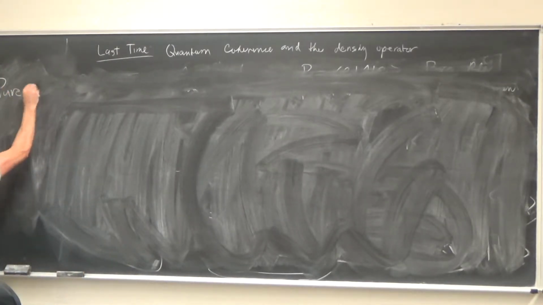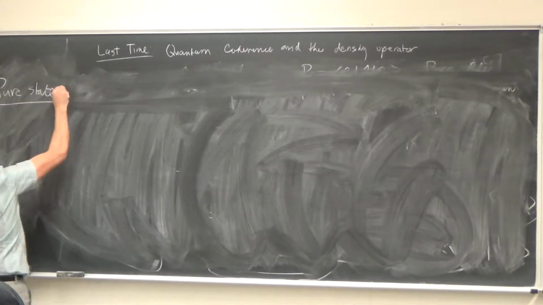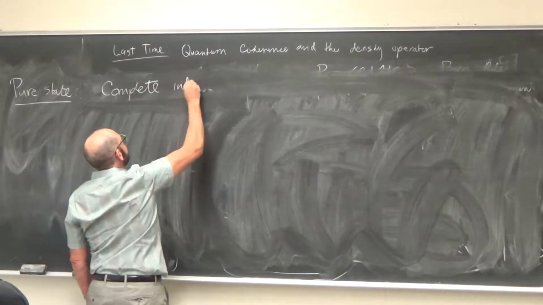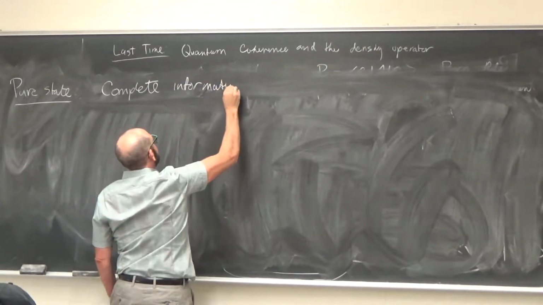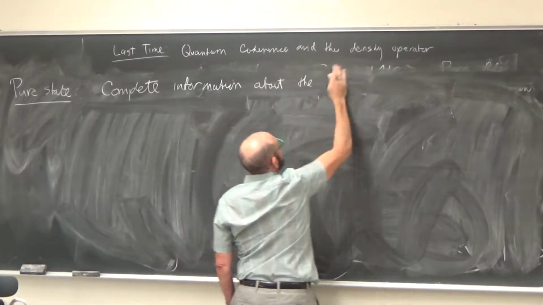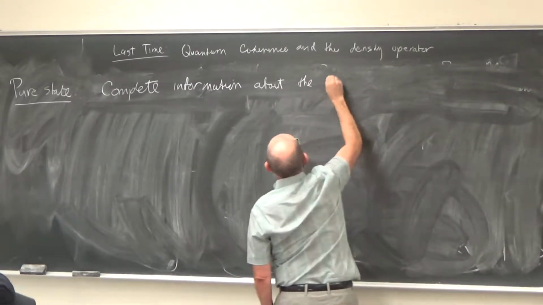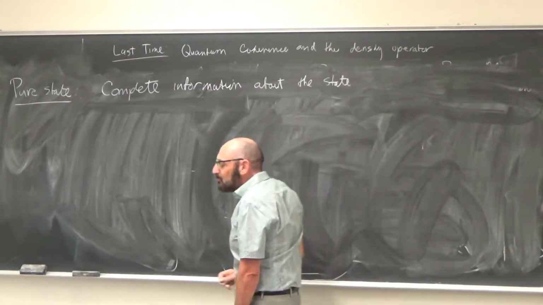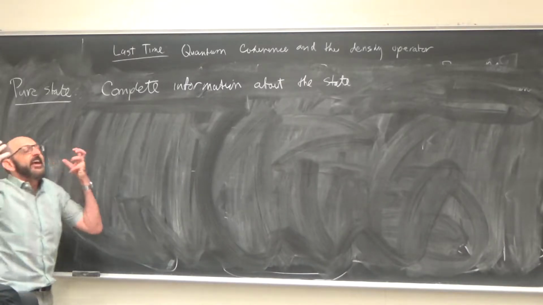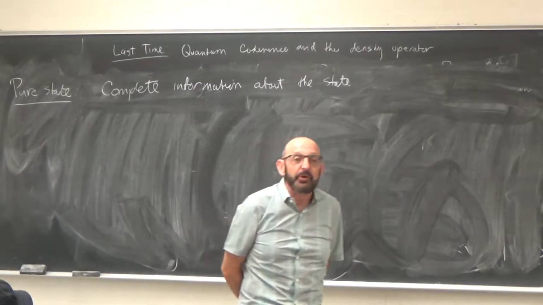A pure state, one where I have complete information about the state. If I have the most possible information I can possibly have about the preparation procedure and everything else, then I would say it's a pure state.